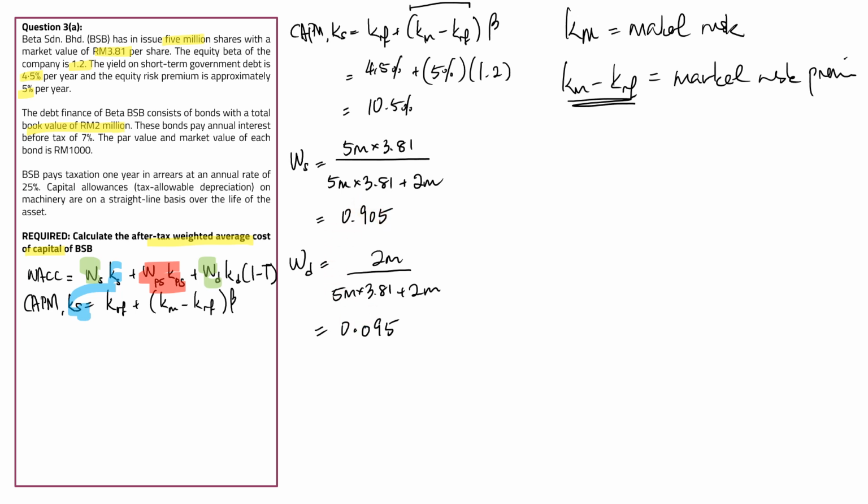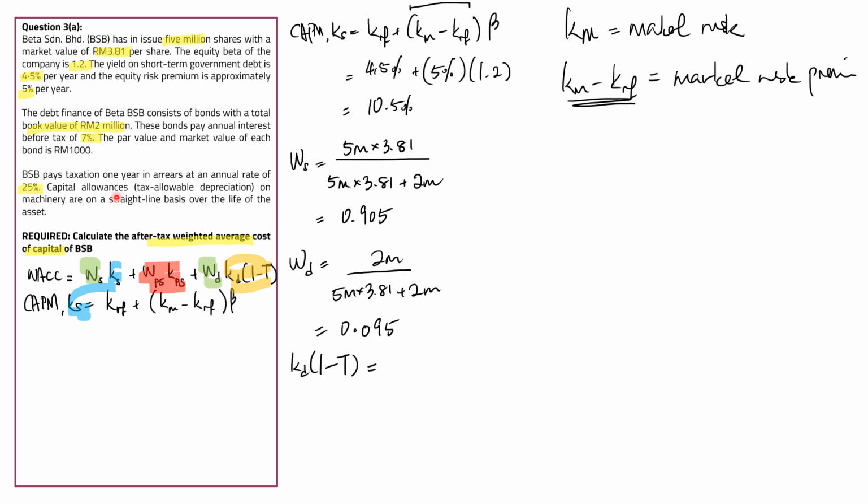Okay, next step, we have to calculate the cost of debt after tax. From here you can see it is 7% and the tax rate is 25%.